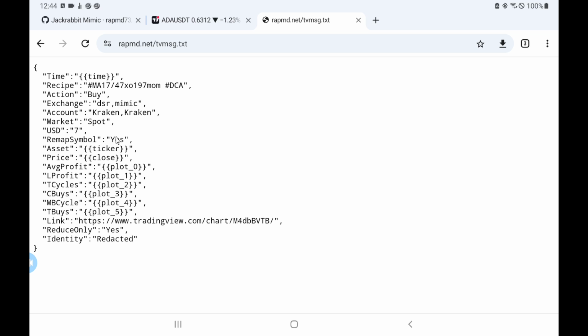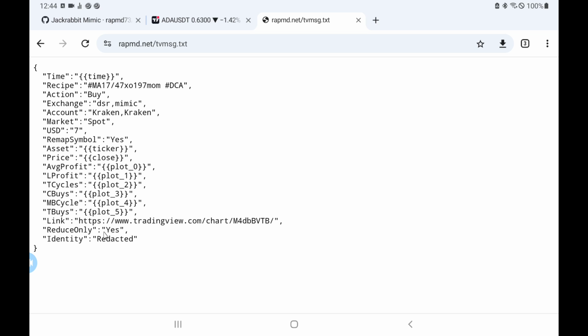This particular symbol remaps easily, so it works reasonably well. Some symbols do not remap easily, and you have to just put the symbol name here. And then, of course, all of TradingView's ticker, all of their macros that get filled in at the time of the alert that help the DSR keep track of everything.